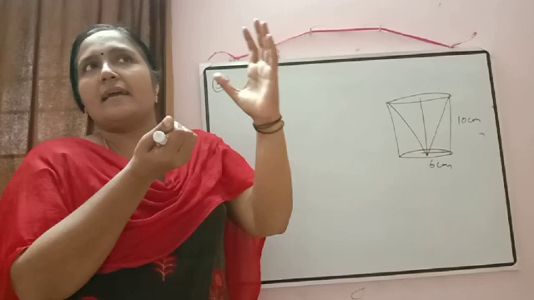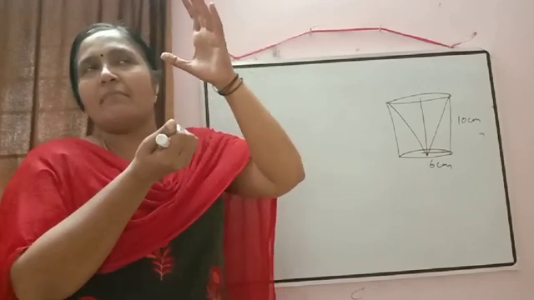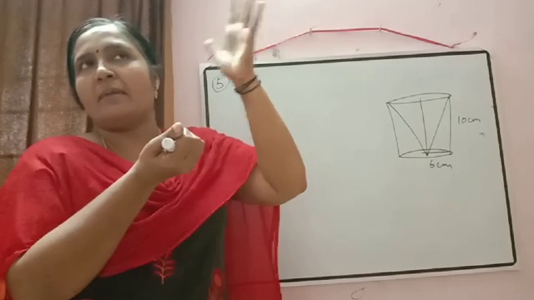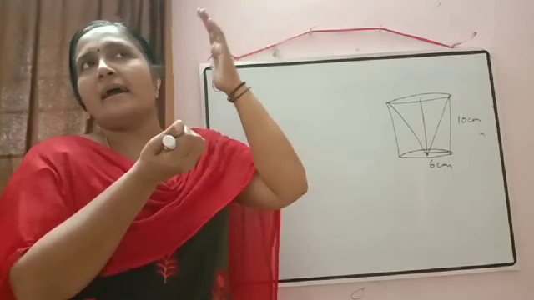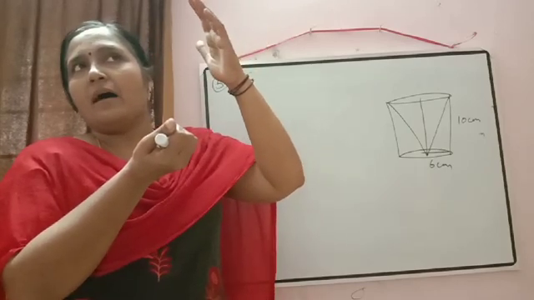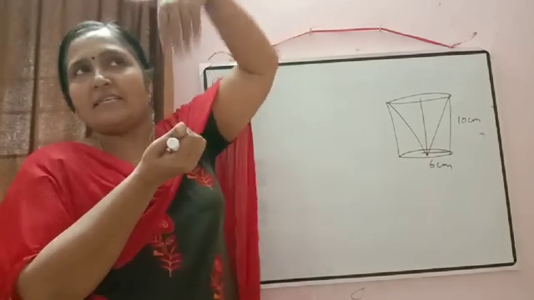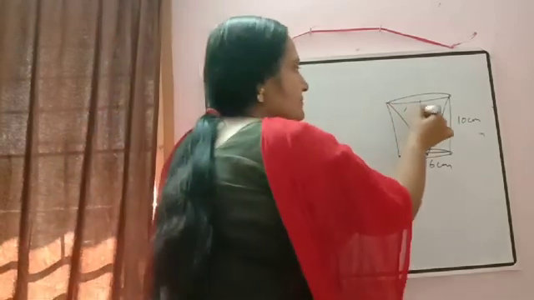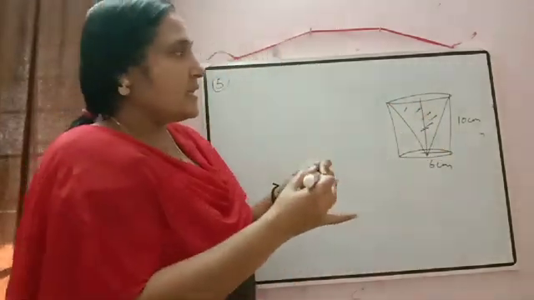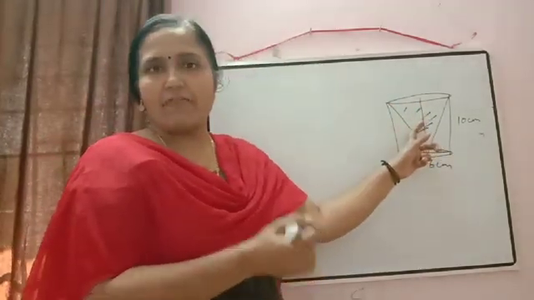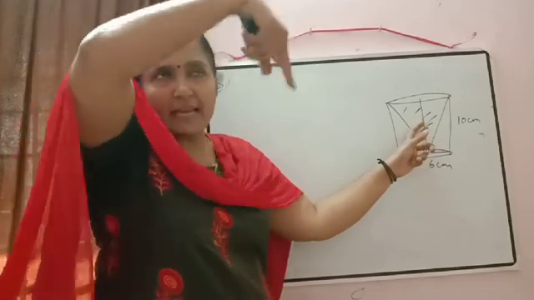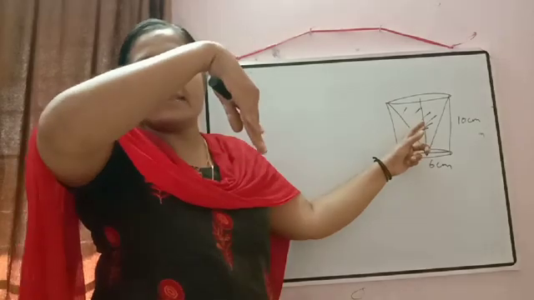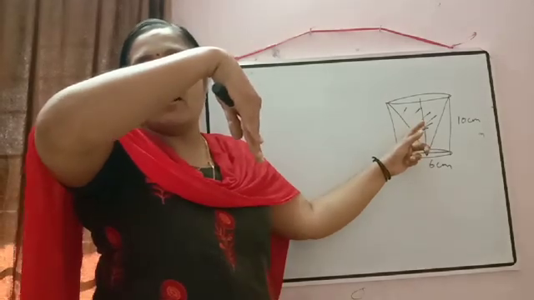Now just to check there, the figure. Imagine the figure in the mind and then check. If you want to paint the remaining solid, what are the areas we have to paint there? Yes, first the hole which is there, what is that area called? That is curved surface area of cone, correct? Inside we will get a cone-like structure there. So we have to paint that area, that is curved surface area of cone.